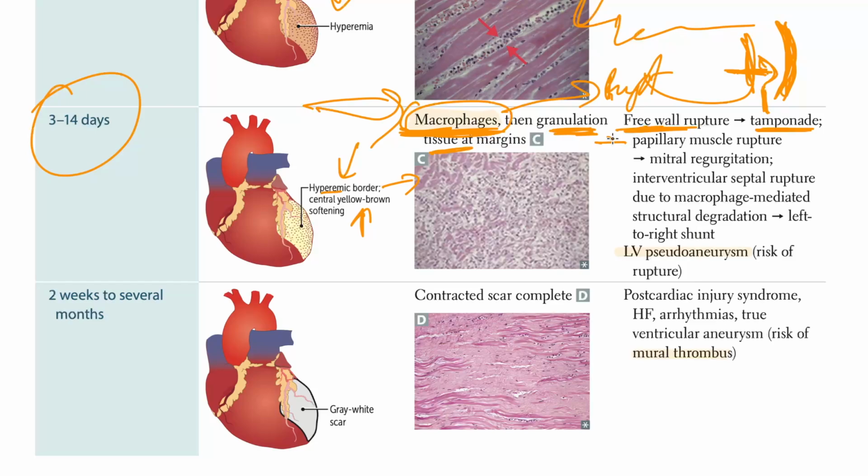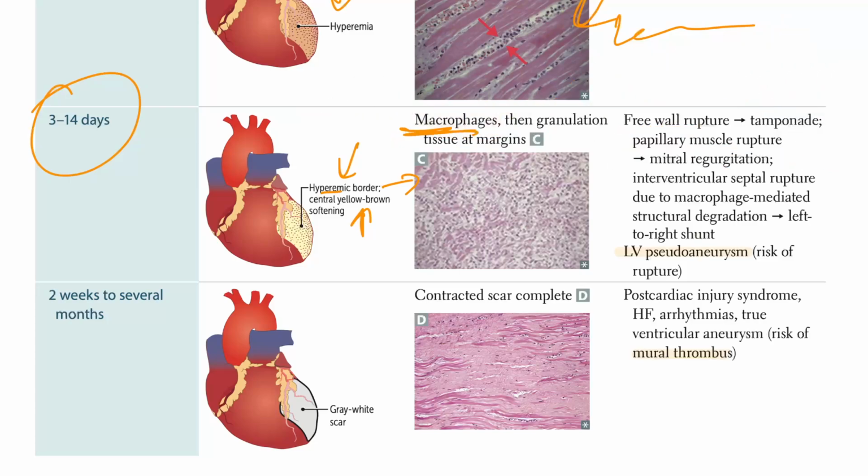But if they rupture the papillary muscle, they will cause MR, mitral regurg. If they rupture, let's just draw it here one more time, the interventricular septum right here, due to macrophage mediated structural degradation, it will cause left to right shunt.